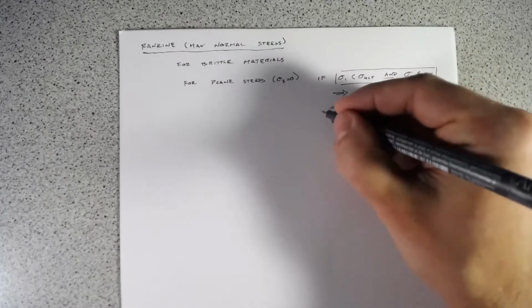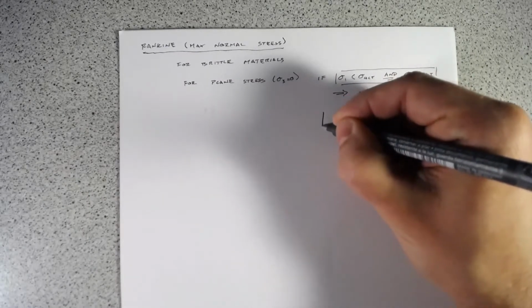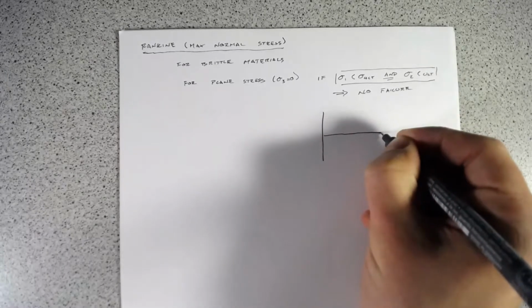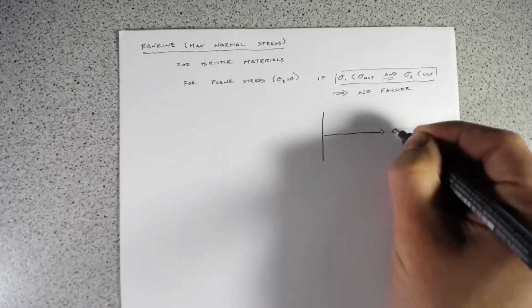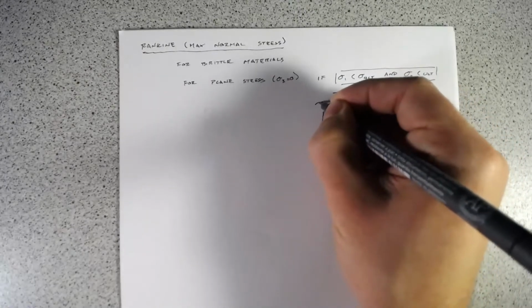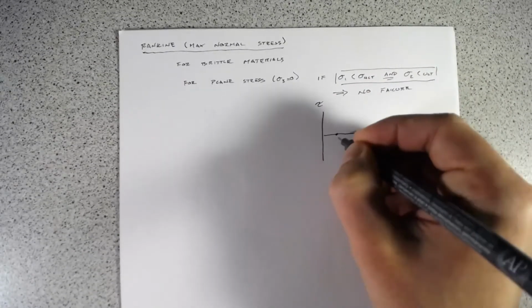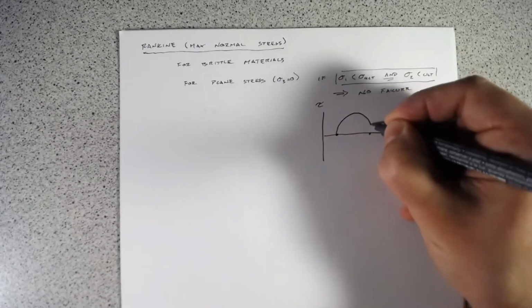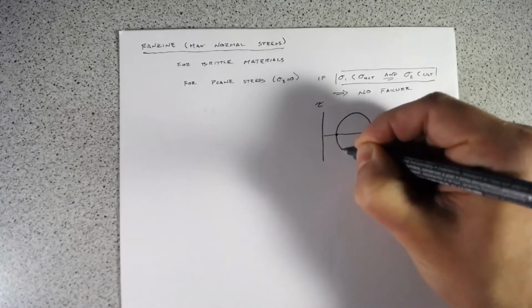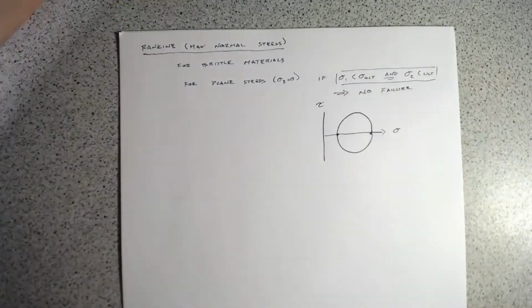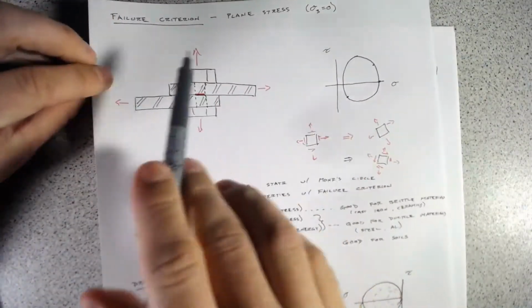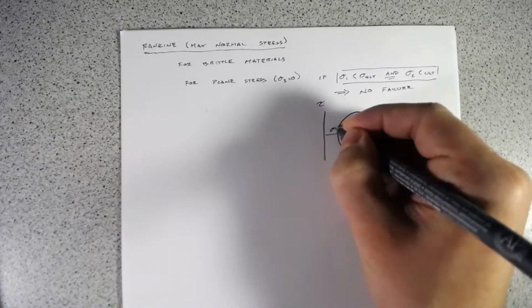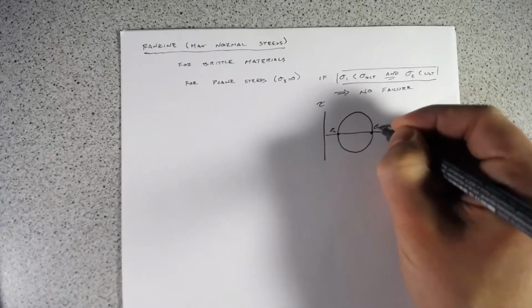Well, say we draw our Mohr's circle, sigma, tau, and based upon our arbitrary stress state, we compare sigma 1 and sigma 2.